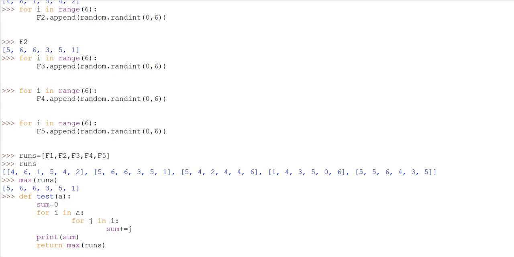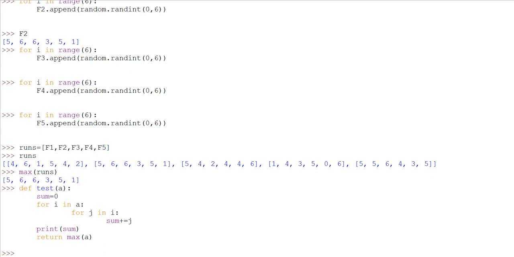Actually, this runs is going into A. We should see whether it is taking A, because runs was passed to the parameter A. So we are returning that value.